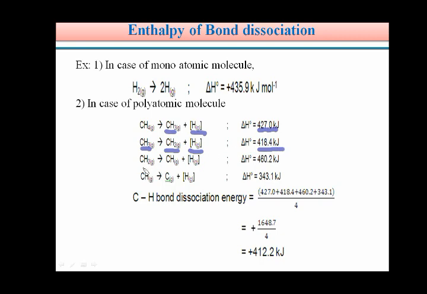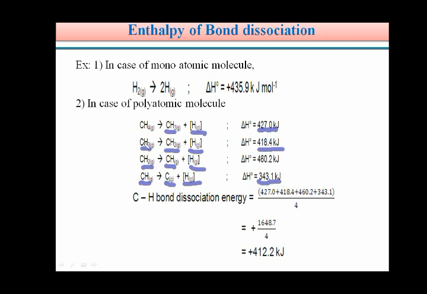Next, from CH2 we remove 1 more hydrogen, and we get CH plus 1 nascent hydrogen. And from that CH, 1 more hydrogen is there, we can remove that hydrogen, and we get carbon and a nascent hydrogen. So this is the enthalpy of bond dissociation.